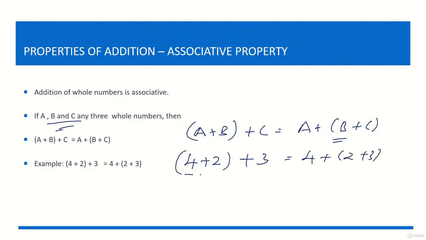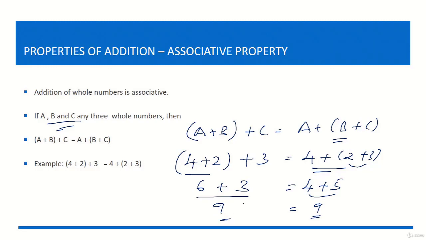Here, 4 plus 2 I will add first, that becomes 6, plus 3 becomes 9. On the right side, I keep 4 as it is, so 3 plus 2 I will add first, that is 5, then I add to 4, that is also 9. This is nothing but the associative property. These properties are going to be used for some kinds of problems that I will show you.